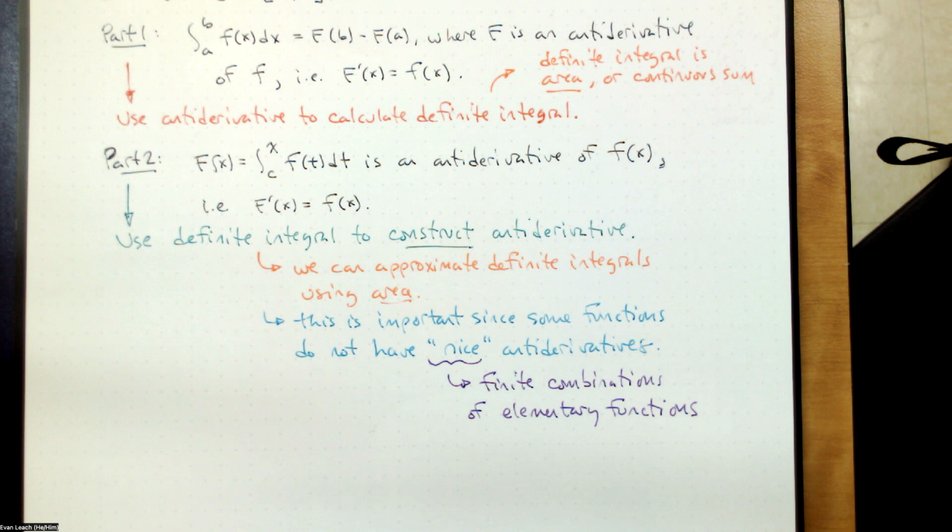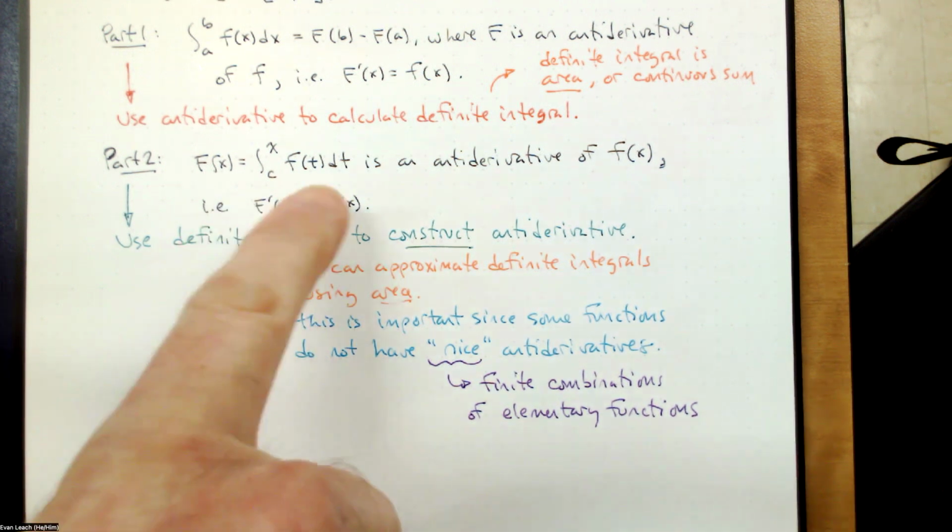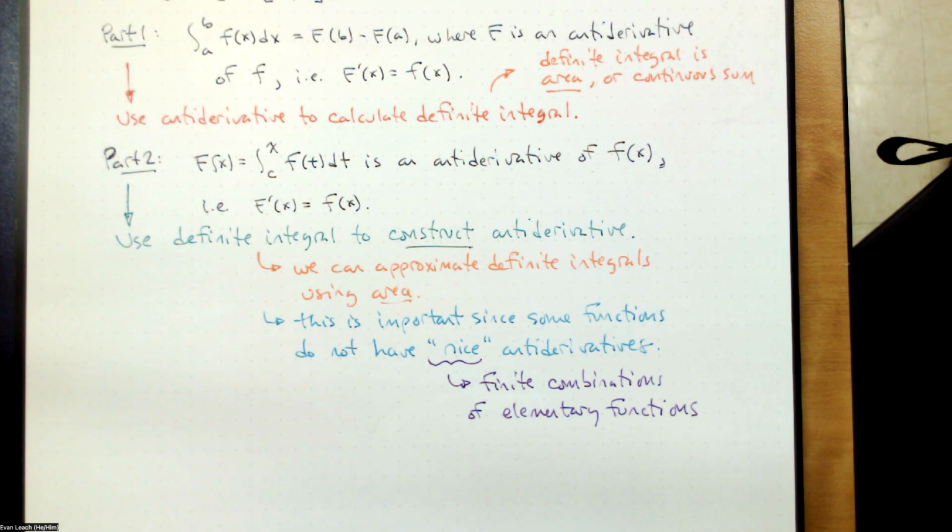Some functions do not have antiderivatives that are finite combinations of elementary functions. There's two things going on there, the finite combinations and the elementary functions. That means to describe these antiderivatives, we need to use non-elementary functions by constructing them, or we need an infinite combination of elementary functions. Since there are two requirements, there are two ways we can break those requirements.